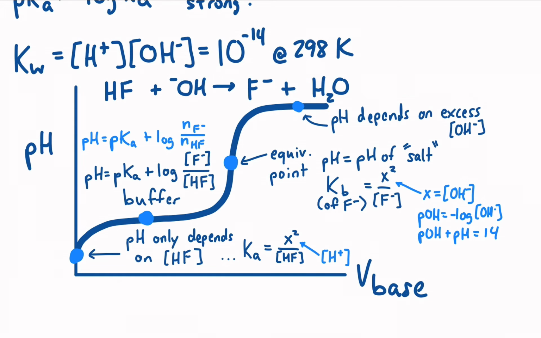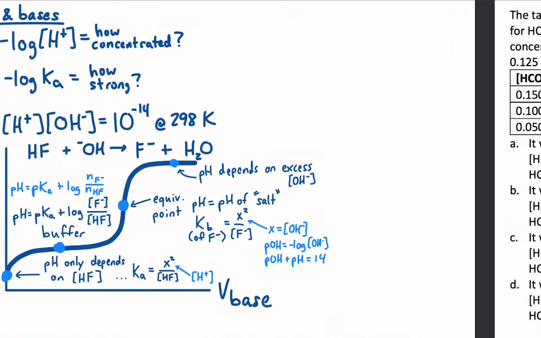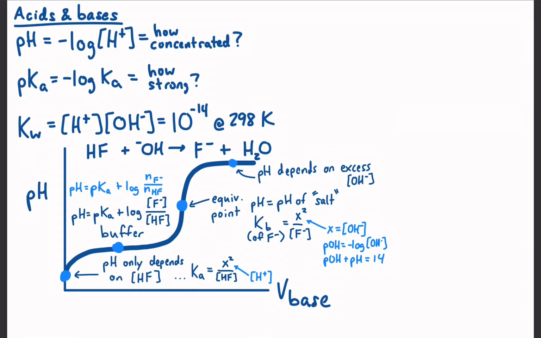Just for fun, let's turn this around and see what this would look like if we had the titration of a weak base. I'll draw another titration curve and just show what it would look like if we had the pH of a weak base instead of a weak acid.